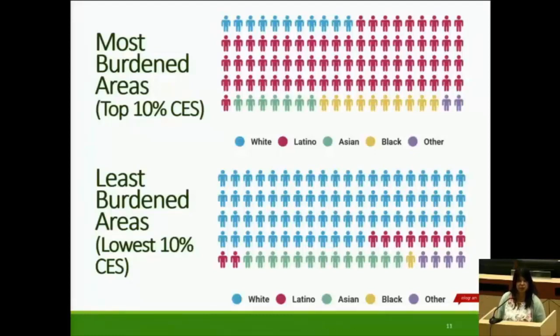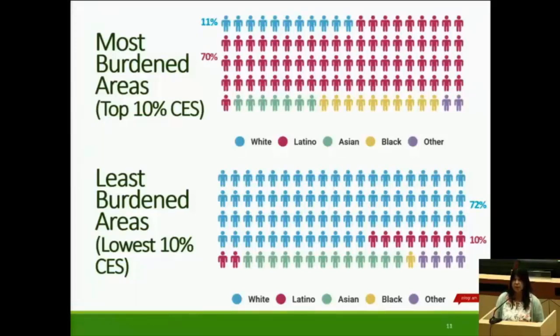If you saw the map, the darkest red color corresponds to that top 10% of places. And what do they look like compared to the areas with the lowest cumulative pollution burdens? You can see they're actually pretty different: the most burdened areas have a much higher non-white population, 70% Latino, while almost the opposite, the least burdened areas are 72% white.